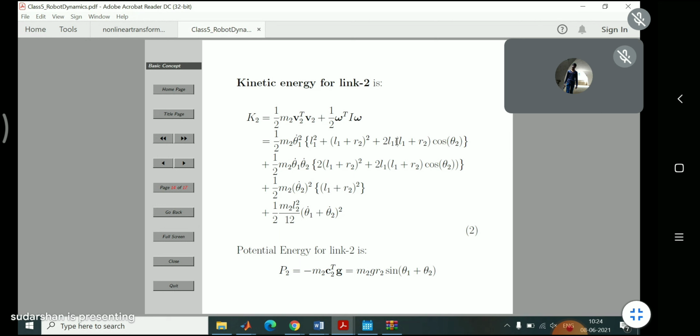Okay. So next few classes we will discuss the computer vision and image processing.